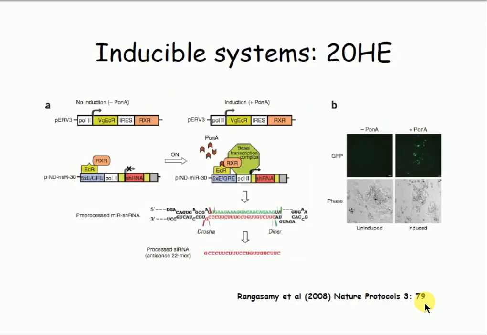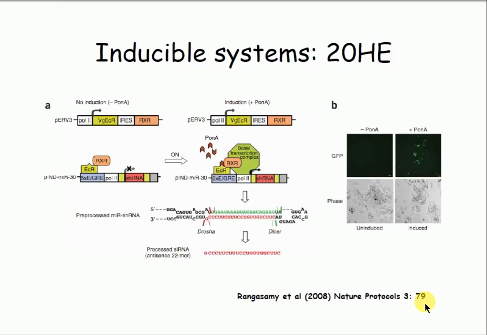If a really tight control is needed, maybe this 20-hydroxyecdysone system is of use. So here we need vectors that contain the receptor dimer, which is the ecdysone receptor and another protein called RXR.